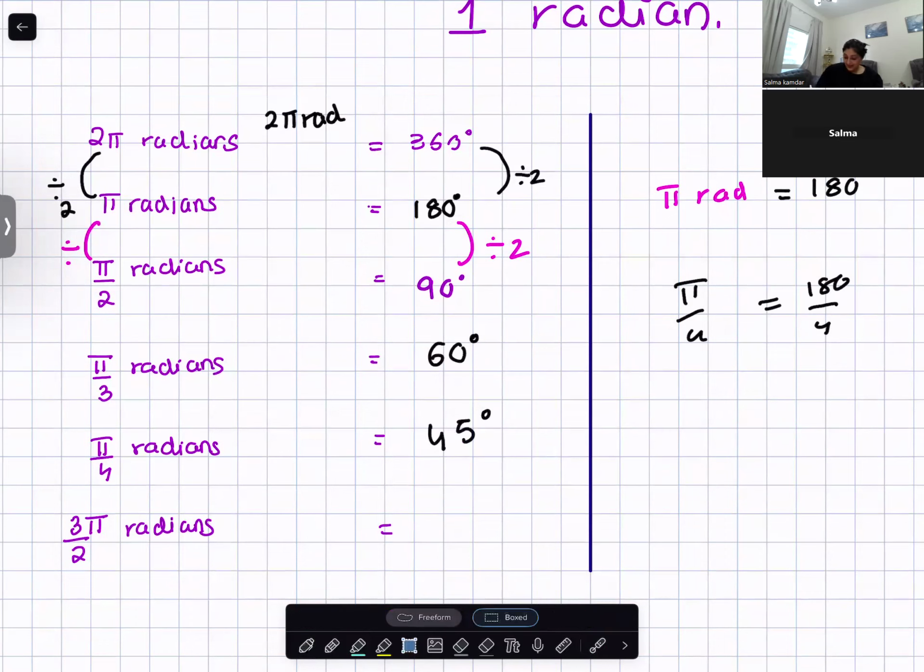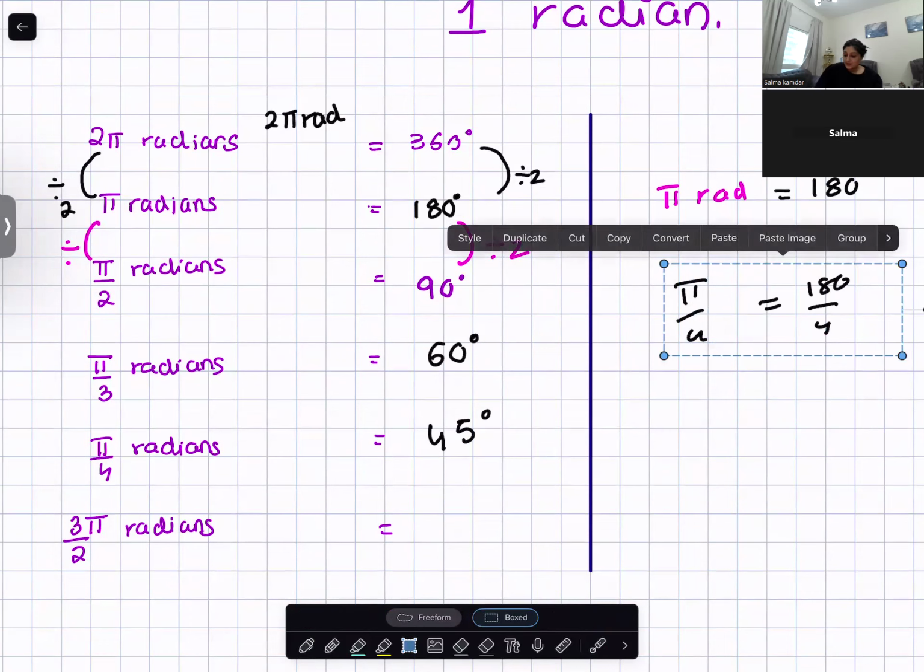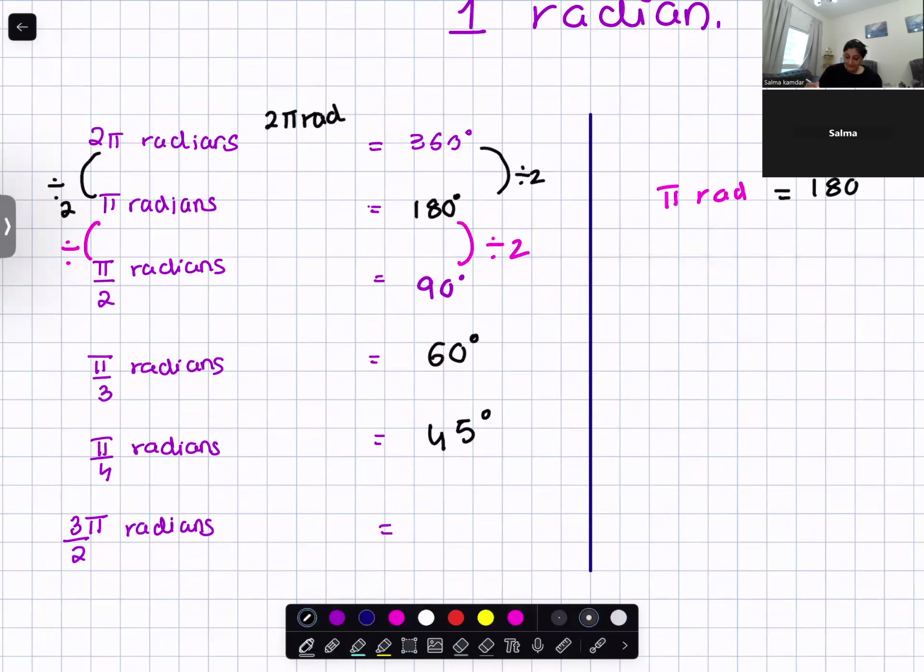Pi rad is 180 degree. So what is going to be 3 pi by 2 rad? So I will just multiply this with 3 by 2. So 180 into 3 divided by 2. So it's going to be 270 degree.